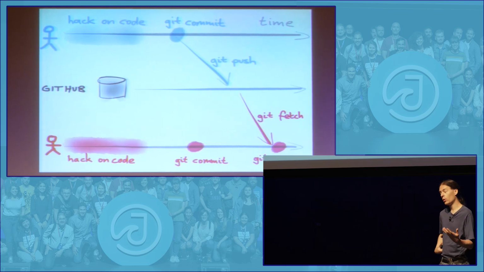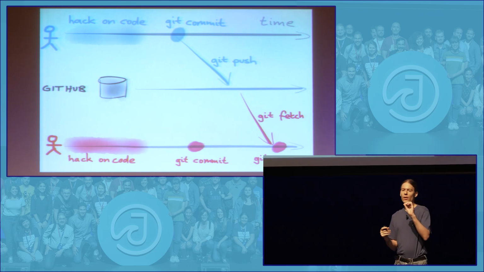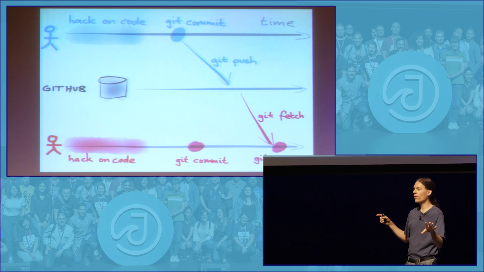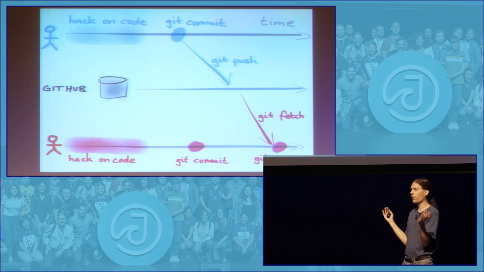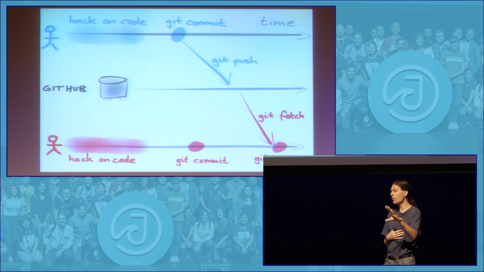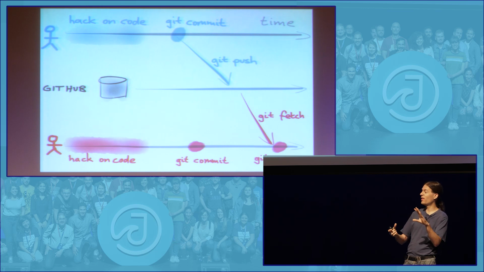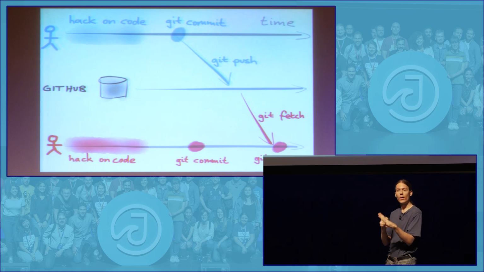Now, this kind of merge you will have probably experienced plenty of times before. Just to make it really explicit, if the blue user was editing one file and the pink user was editing a different file, then your version control system will just happily merge those changes together, no problem. If the blue user was editing the top of one file and the pink user was editing the bottom of the same file, that's also still okay.